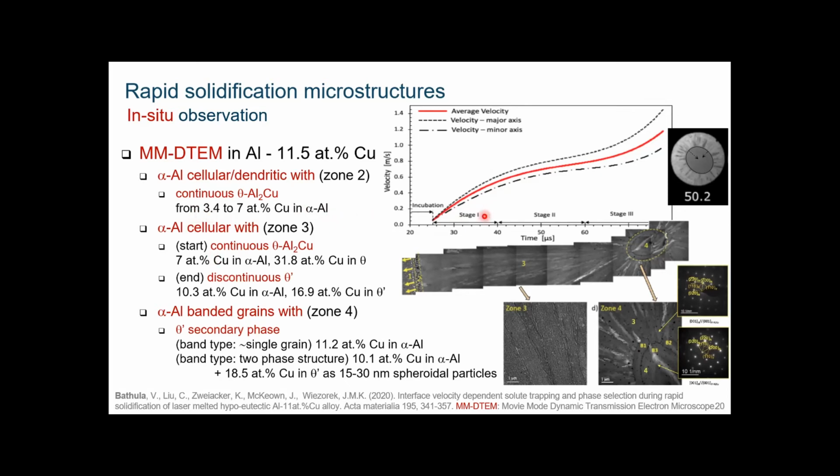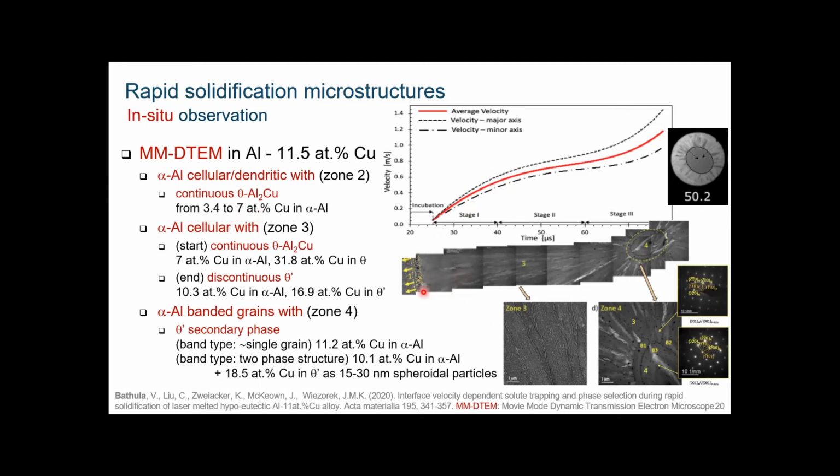At the beginning, for low velocity, they have a relatively low composition of copper. I did not say this is aluminum copper, and so you form alpha aluminum rich cells and dendrites as primary solidification microstructure. So the composition is relatively low, 3.4 atom percent copper. It goes up to 7 atom percent in this small layer here.